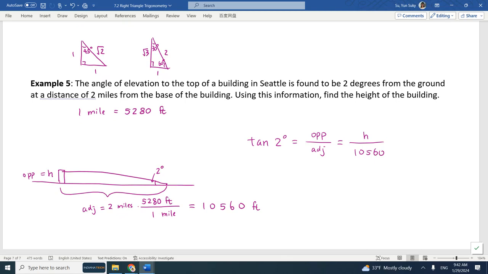Mm-hmm. Now, how do we find H? Multiply both sides by 10,560.